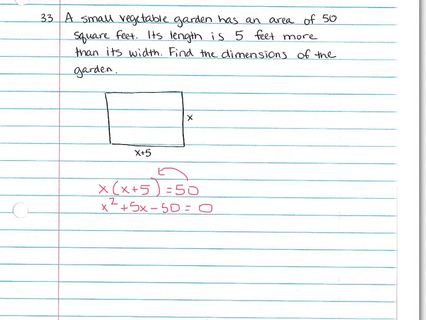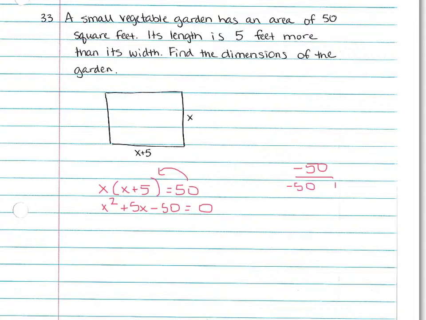I need to factor and then set equal to 0 and solve, and pick the answer that's positive, since you're probably going to get a positive and a negative. So I'm looking for factors of negative 50 that add up to a positive 5. Well, negative 50 and 1, no, that's much too high.